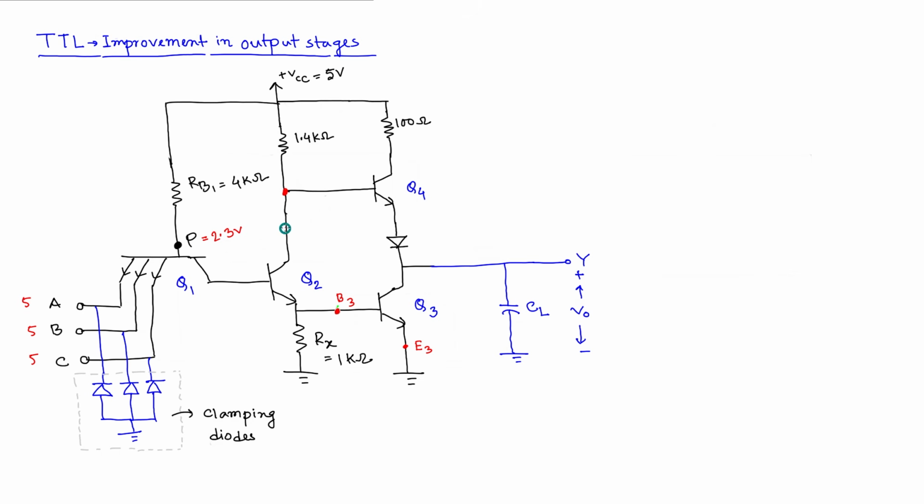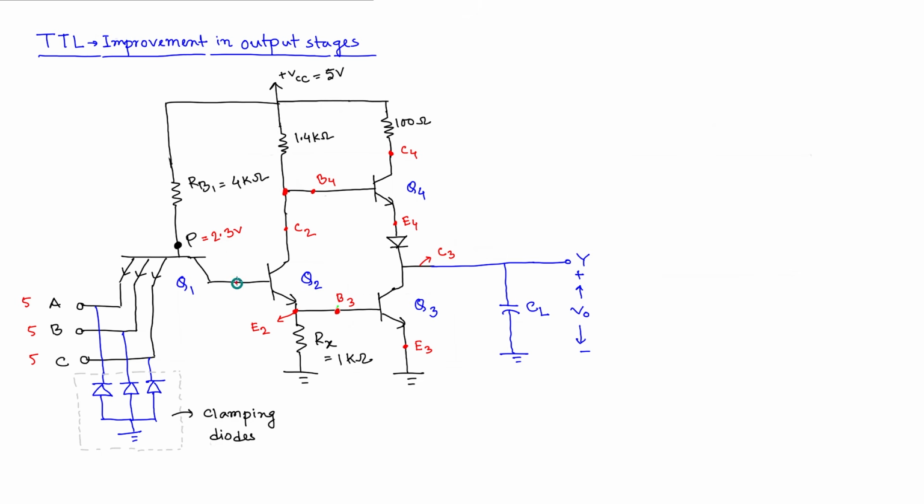This is C2, and here we can also say this is B4, because it is the base of Q4. Similarly, this can be said as C4, this can be said as E4. This is C3. This can also be said as what?